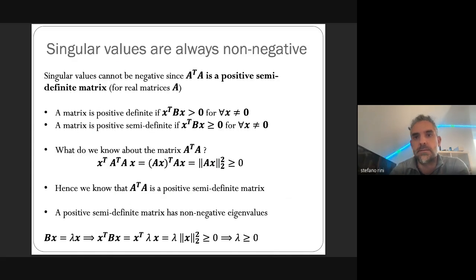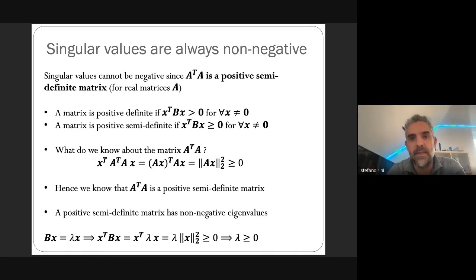Let's see what the answers are. Singular values are always non-negative. The singular values cannot be negative since A transpose A is a positive semi-definite matrix. Remember that we defined this last time, and we had a discussion on whether positive semi-definite matrices are symmetric or not.